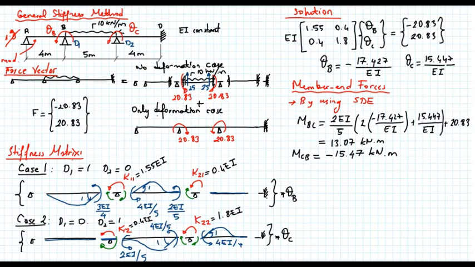So that's one way of doing that. But what I want to discuss here is how we can use the coefficients we found in this derivation to calculate the member end forces. So I'll just say by using stiffness coefficients.